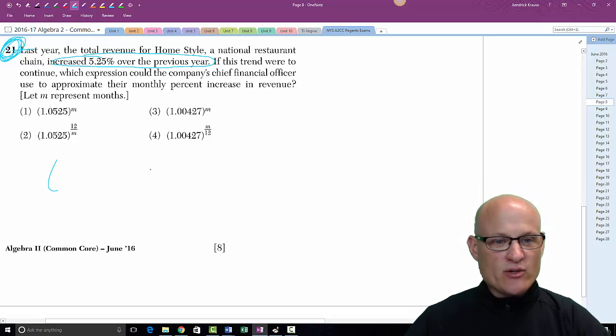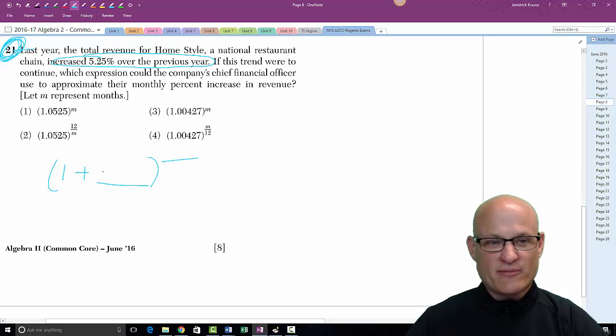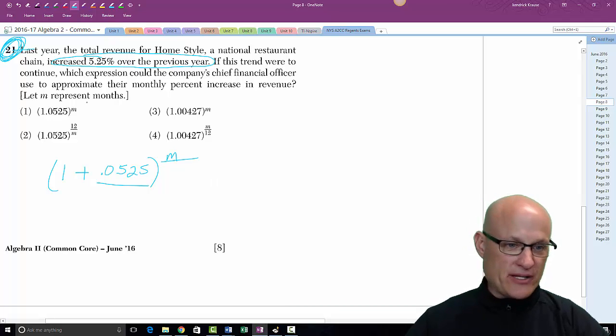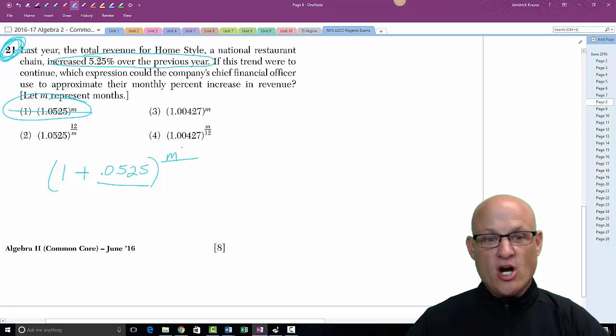I know an increase has to be 1 plus a percentage raised to an exponent. And they're going to go, okay, the percentage is 5.25%, so that's 0.0525. And you might have picked, oh, to m, and picked that one. No, you'd be wrong. Oh, wait a second.